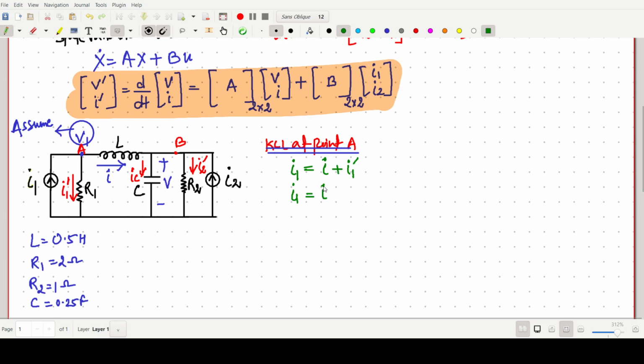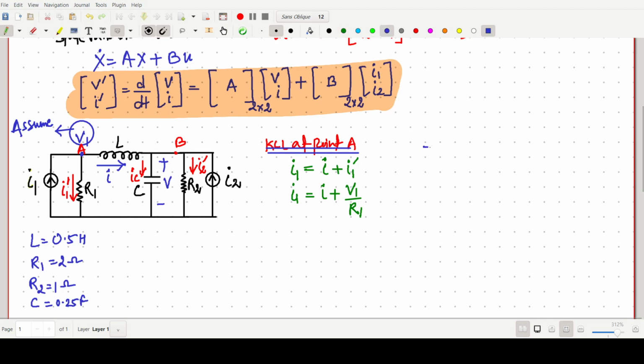We have to write in terms of I1 and I1 dash, the current across this resistor, and we are assuming this voltage is V1. So we can write I1 dash as V1 by R1, or V1 minus zero potential by R1. This is one equation we can say. But what should be the value of V1?